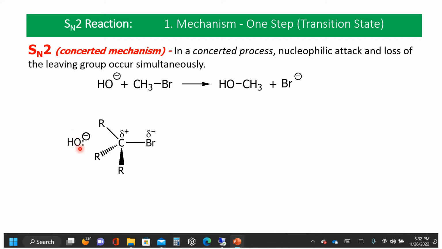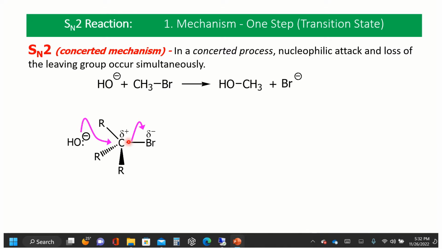The hydroxide is our nucleophile, and the oxygen of that nucleophile is the nucleophilic center. And so therefore the nucleophilic center will attack the electrophilic center. So that lone pair on the oxygen will attack your electrophile, the carbon bearing the leaving group, which itself has to leave.